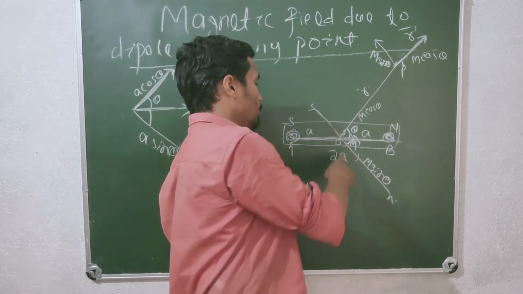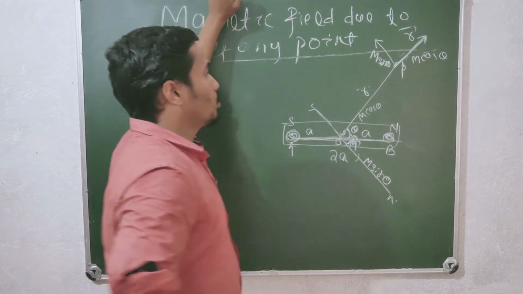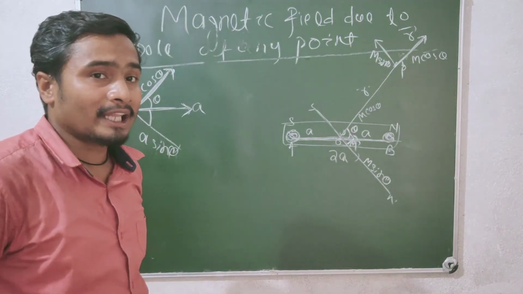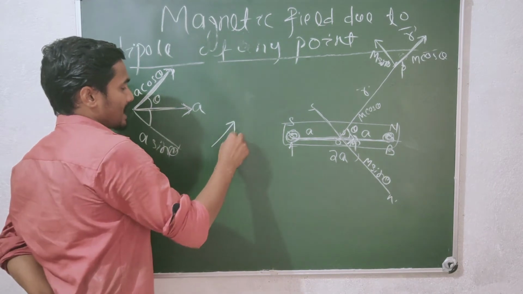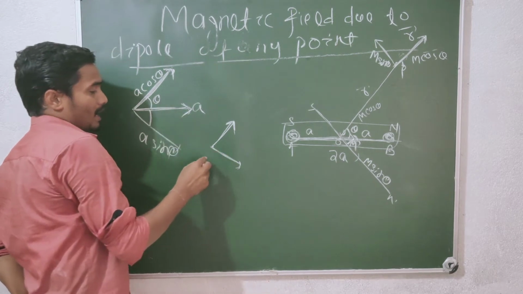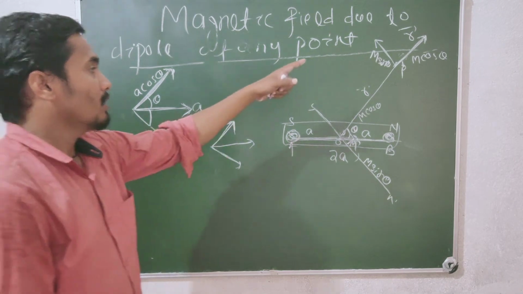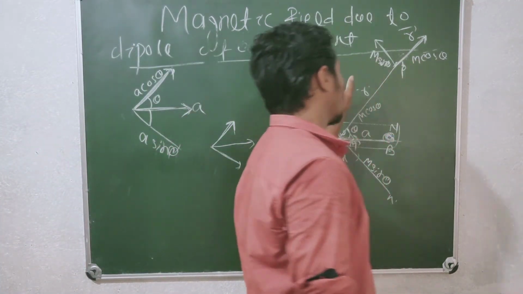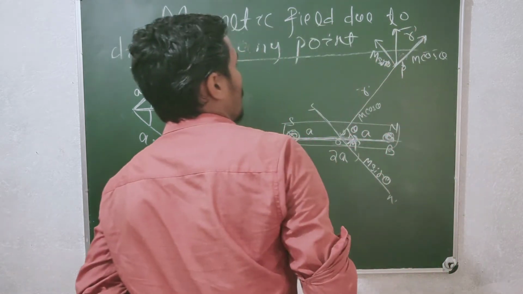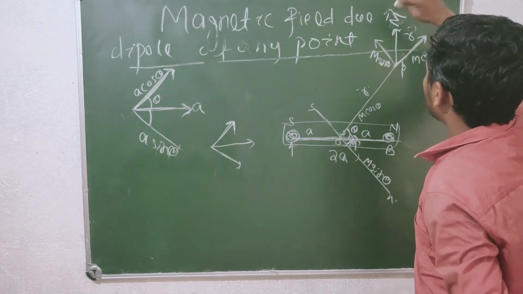Here m cos theta and m sin theta are two components. According to the parallelogram law, if two vectors act simultaneously at a point, they are taken as two sides of a parallelogram and their diagonal gives the resultant. Similarly, here the diagonal of m cos theta and m sin theta is finally m, which is known as the resultant.